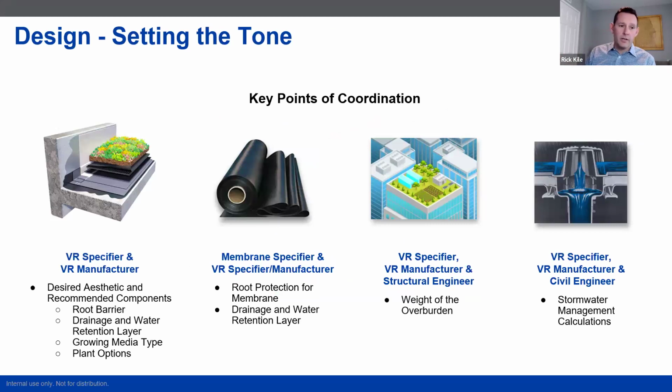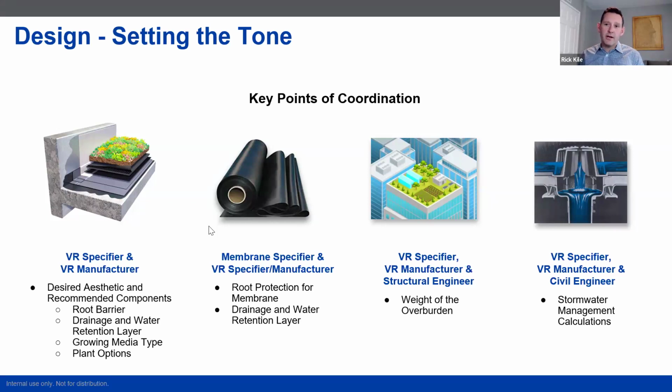So key points of coordination really start with the vegetated roof specifier and the manufacturer. I always like to ask the question, what's our objective? What are we looking to achieve here? What's our design intent? And then what can we use to optimize that assembly, to make it efficient and ensure that it's high performing? There's a number of points there.